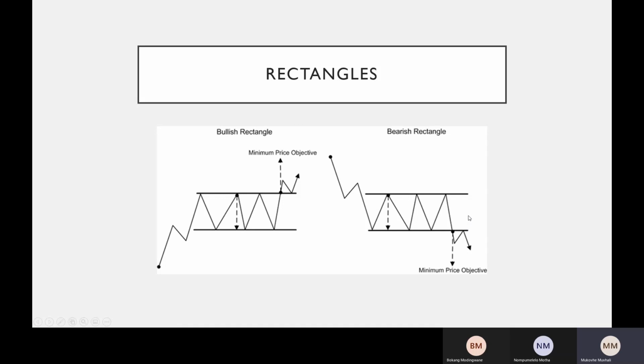Usually when it's breaking on the downward side, mostly in the market, what I've observed is that it just free falls. You hardly have a retracement. You hardly have the market going down a bit and coming back and then going up, going down. Most cases, it just goes down, right? So it goes to your target quicker than it would in an upward trend.